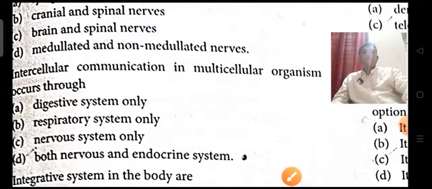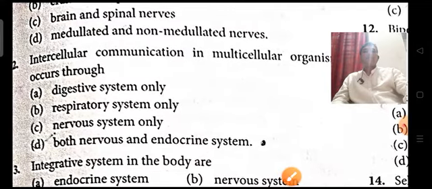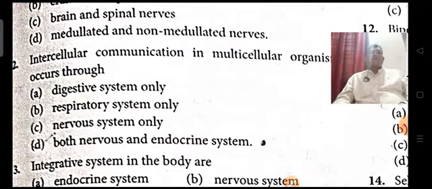Now coming on to the next question: intercellular communication in multicellular organisms occurs through... We have already discussed that the nervous system and endocrine system are called integrative systems, because they control all the functions of the human body, either internal or external, and they are also the intercellular communicators in our body.